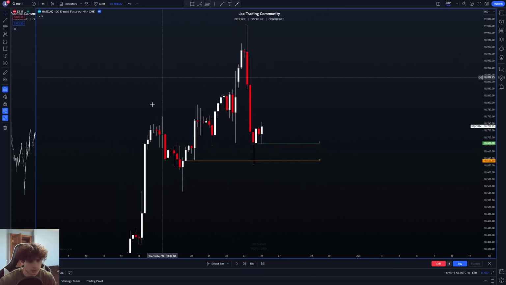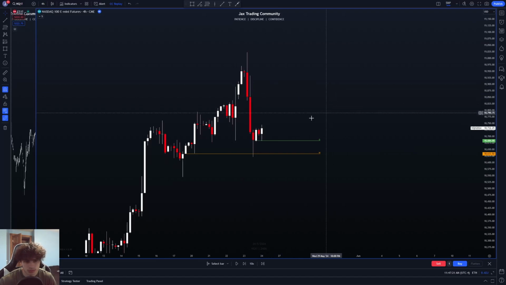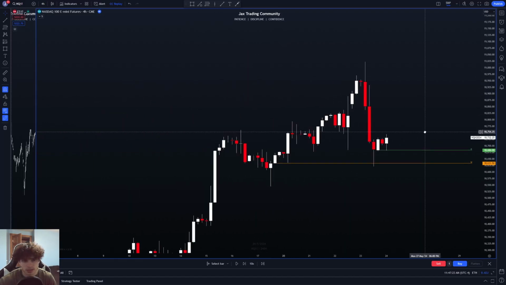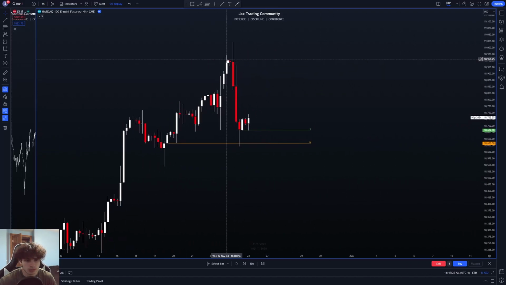All right, so looking at this, this is Friday, and we had a massive sell-off on Thursday. Then we took out these lows, and we're going back up into this 4 hour.